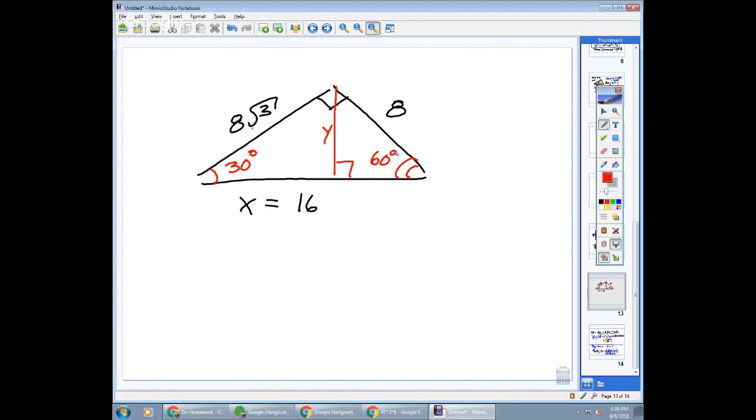All right, cool. Now check this out though. This is a right triangle over here on the left, isn't it? One of its angles is 60. What does the other angle have to be up here in the corner? Got to be 30.